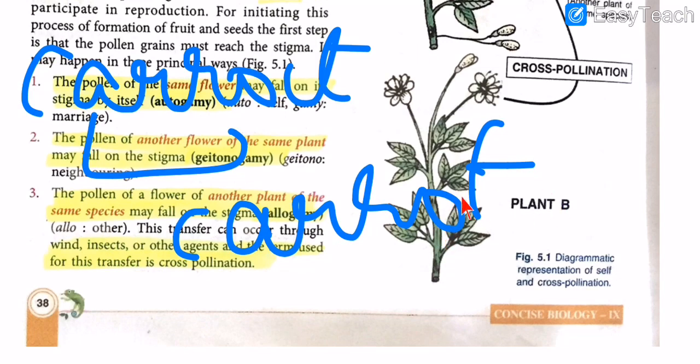So this is plant A, this is plant B. From plant A, the pollen grains are coming to plant B, and then the pollination is happening like that. So that is your self-pollination and cross-pollination, right? Now, for example, an orchard may have trees of mango, guava, lychee, etc. And even some wild trees like neem, jamun, shisham may be growing in the neighborhood.